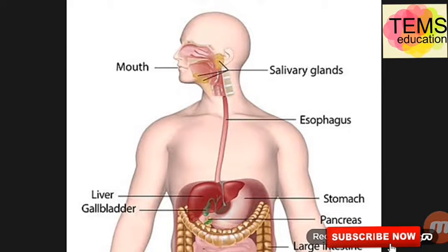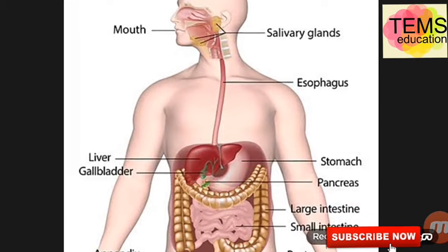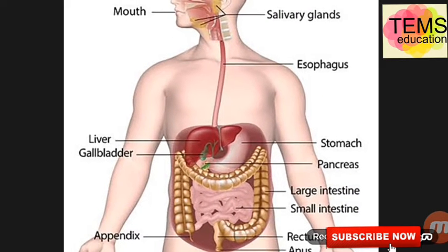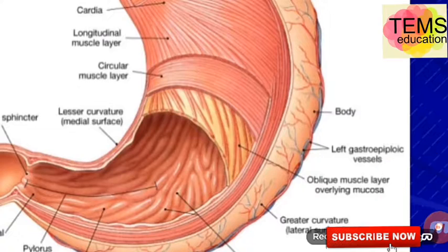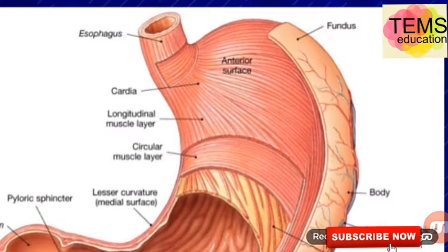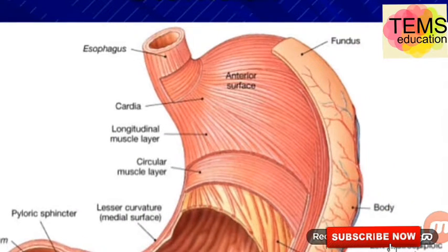Here you can see that from the mouth, food goes to the esophagus, and from the esophagus it goes to the stomach. This is the stomach, and this is a near view of the stomach.